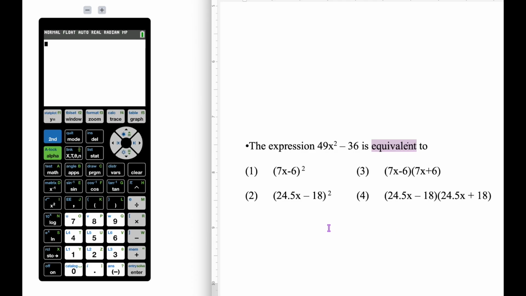I put any number into x. I don't want to use a really small number, like anything between -2 and +2 is actually potentially dangerous because I could get an equivalent value for that one value of x, even though the two expressions are not actually equivalent.